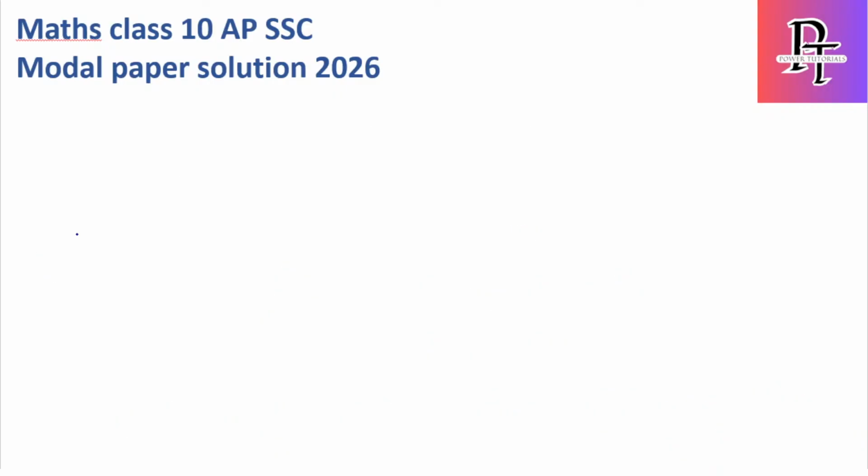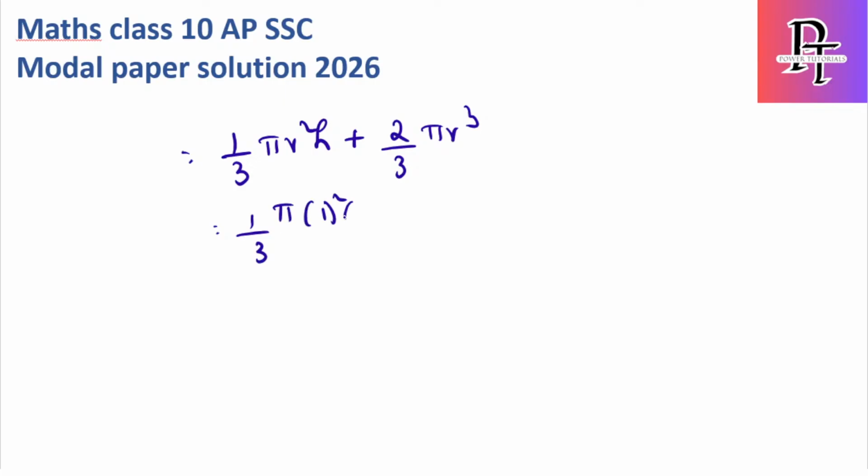Volume of cone is 1 by 3 pi r square h, whereas volume of hemisphere is 2 by 3 pi r cube, which is half of the sphere. Okay, so they have clearly mentioned r and h values are 1, so simply 1 by 3 into pi into 1 square into 1 plus 2 by 3 into pi into 1 cube.